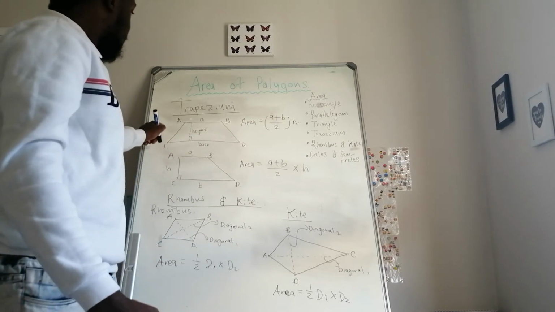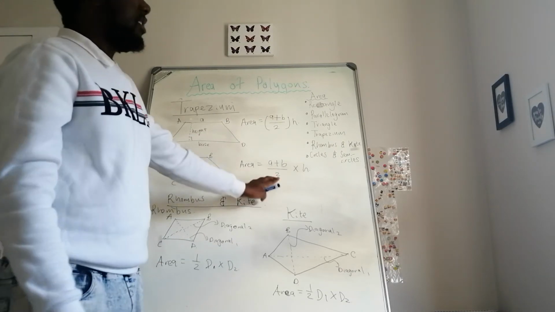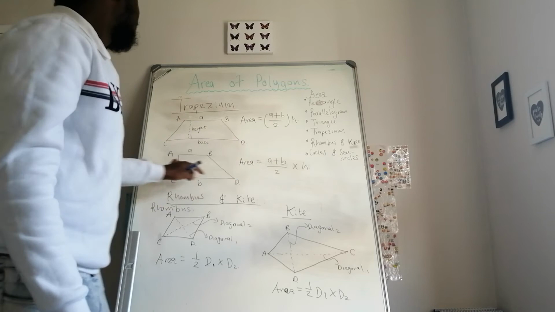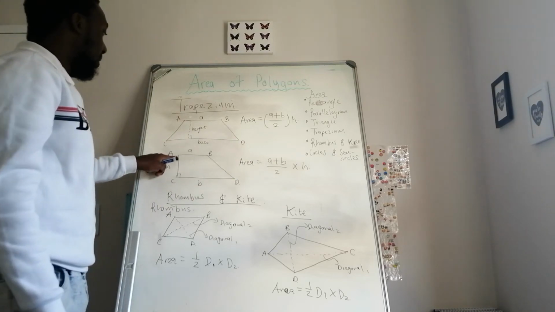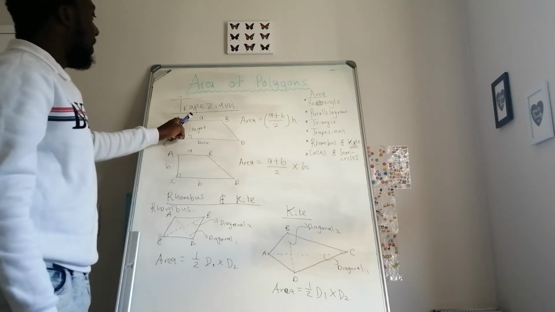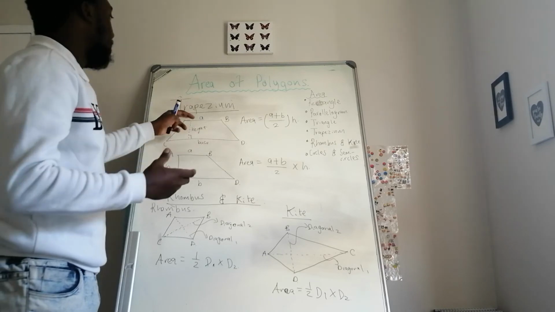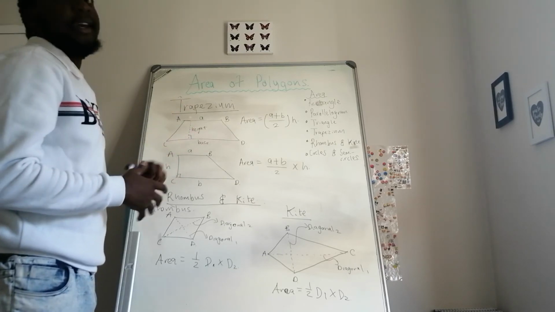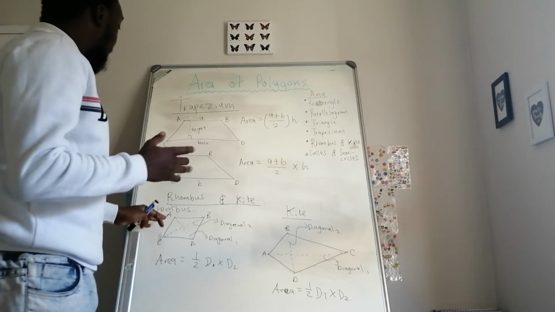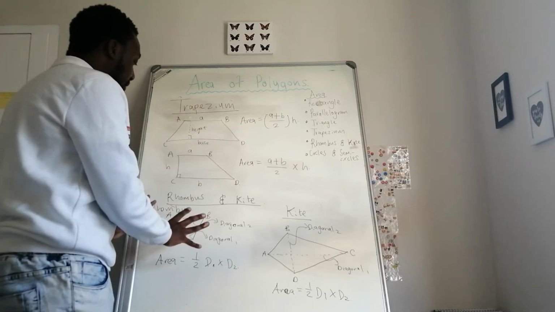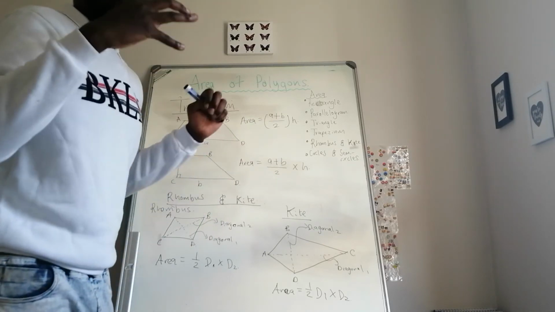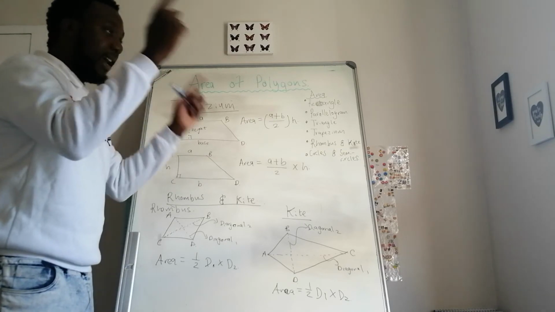And that's it. This is how you calculate area of a trapezium, the two different kinds of trapezium you could get. Same formula, it's just that the height is different. We're talking about this height, and there the height is the one inside the object, the one that makes a right angle with your base. And when we're talking about rhombus and kites, we need to start thinking about diagonals.